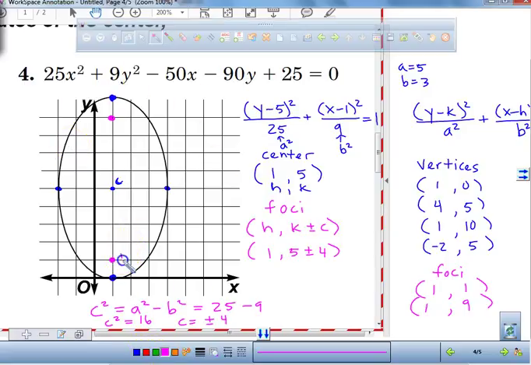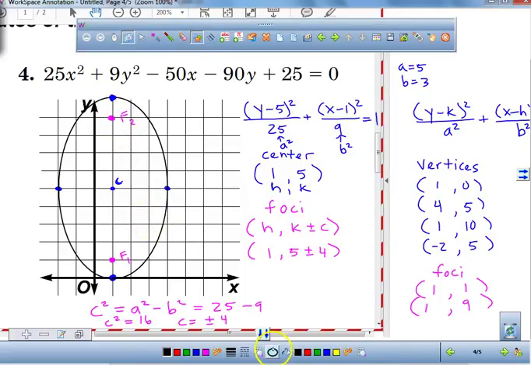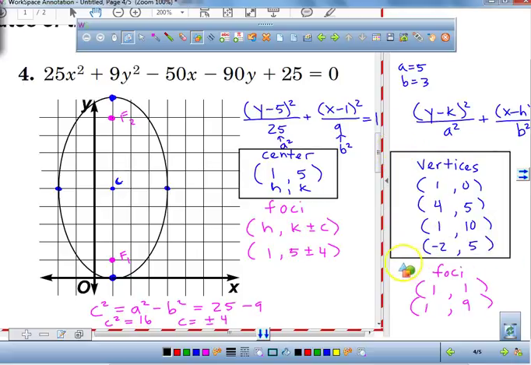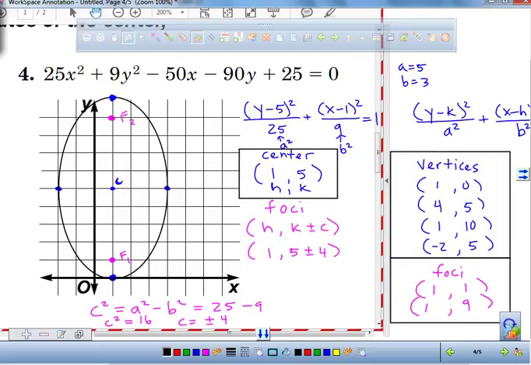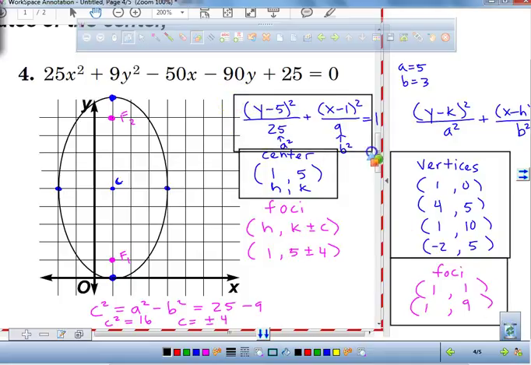You can call this one focus 1, and you can call it focus 2. So what answers am I going to be looking for on your paper? I'm going to be looking for the center, right there. I'm going to be looking for the vertices, right there. The foci, right here. And also your equation. I'm looking for all of those pieces of the puzzle.